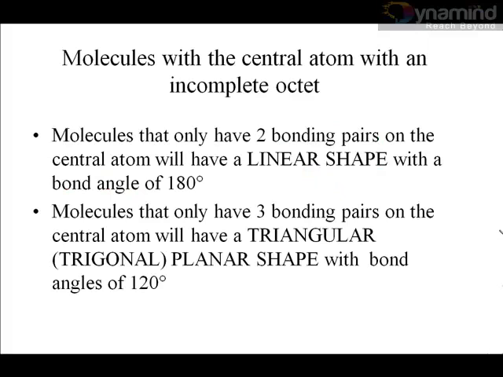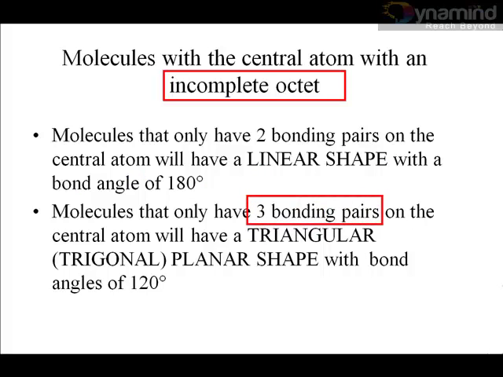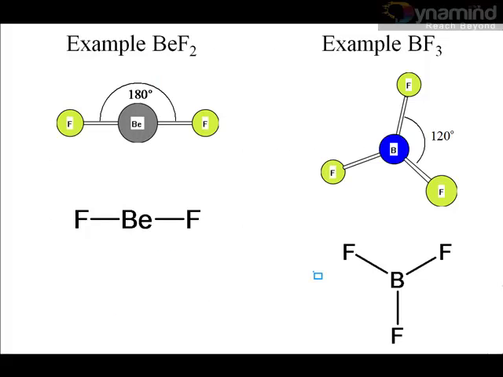You should also consider some molecules with incomplete octet, and how we predict for them. For example, molecules which have only 2 bonding pairs on the central atom will have a linear shape with a bond angle of 180 degrees, and with 3 bonding pairs you will have a trigonal planar shape. For example, BeF2 doesn't obey the octet rule and it has 2 bonding pairs.